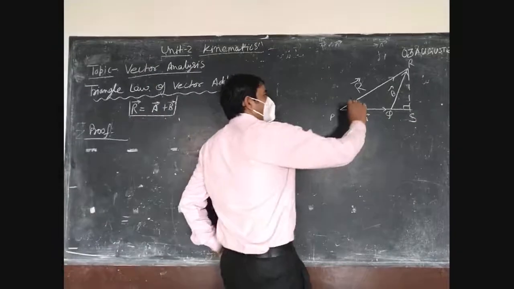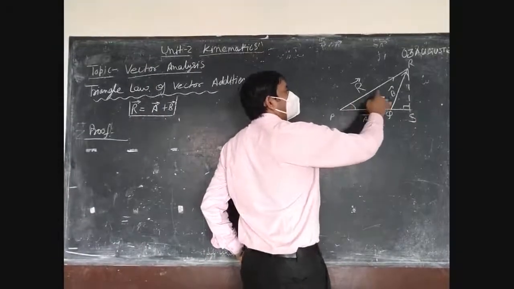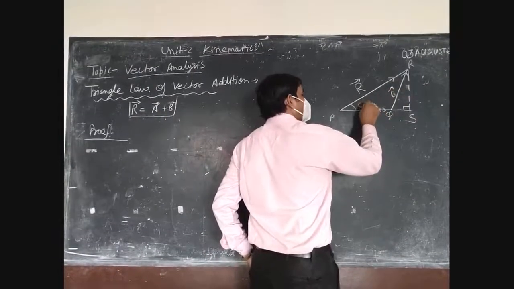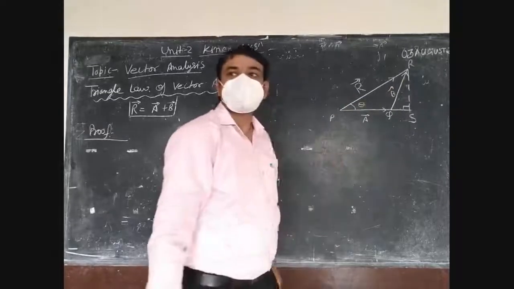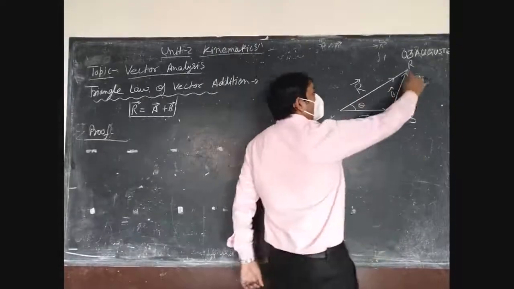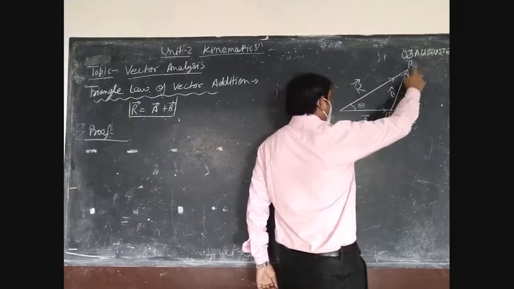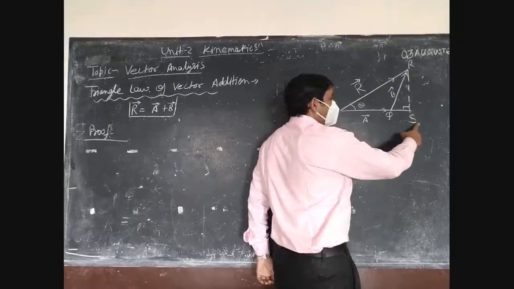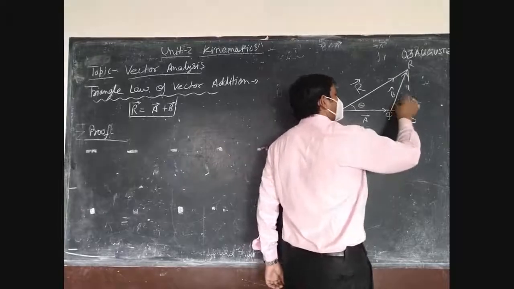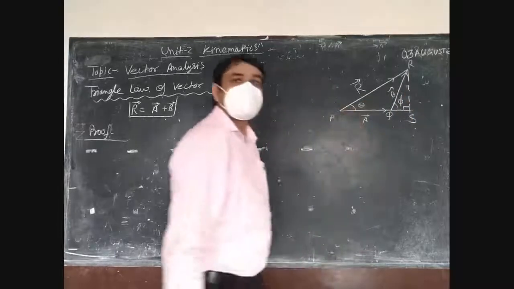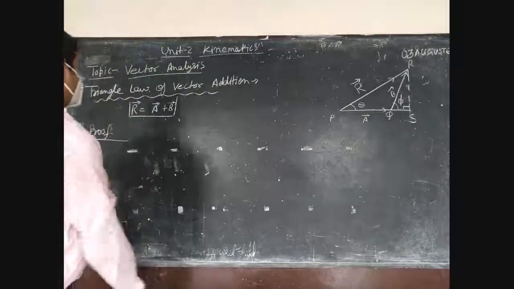First, the direction of the resultant with the first vector is theta, and the direction of RQ along with PS is taken as phi. Clear?